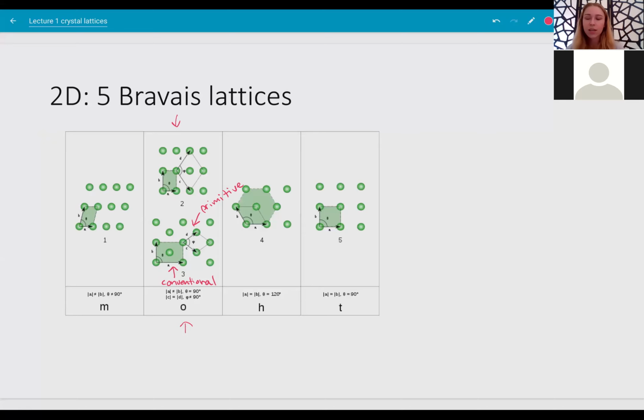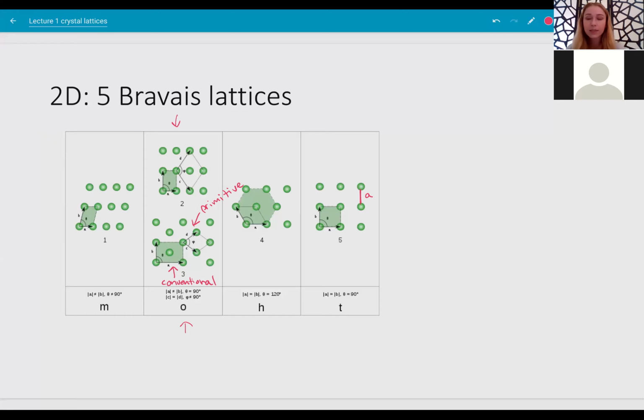Another tradition in the field is that the spacing between two lattice sites, if it doesn't have a specific label, is usually called A, no matter what direction it is. The smallest spacing is traditionally called A.